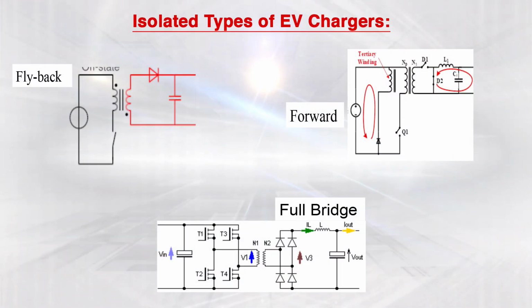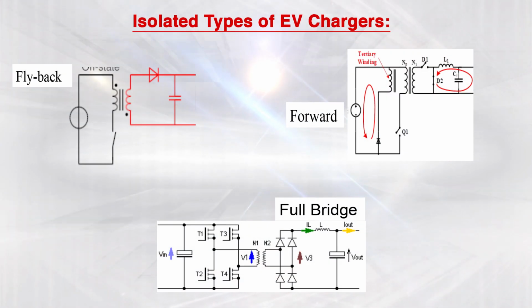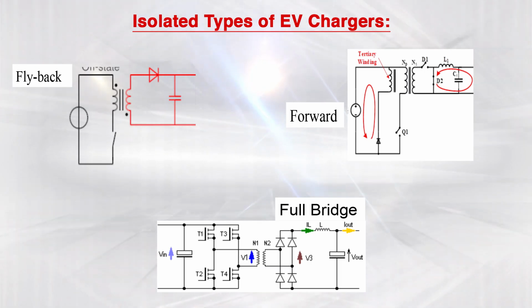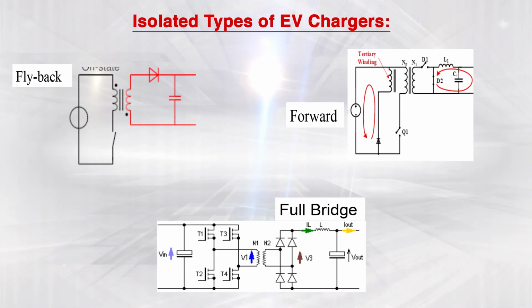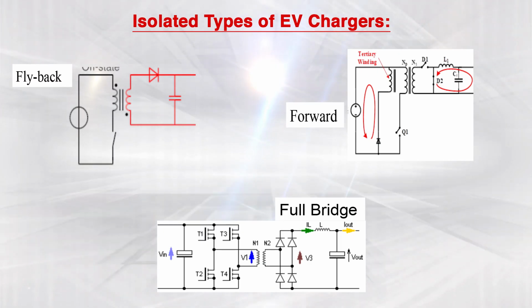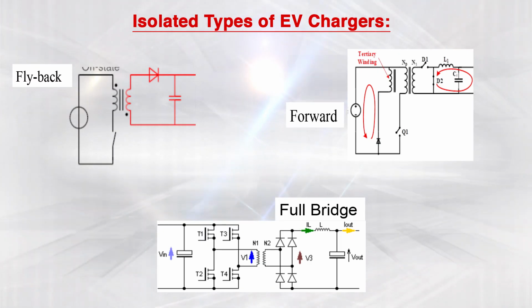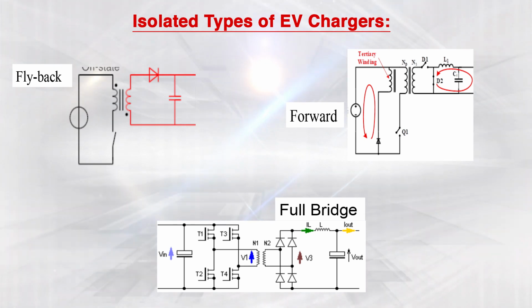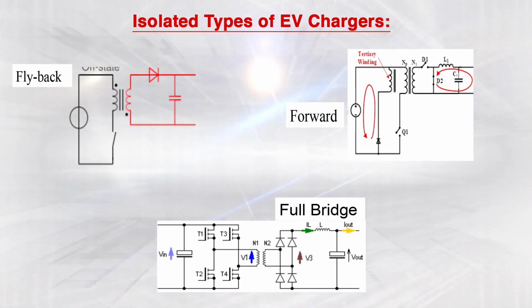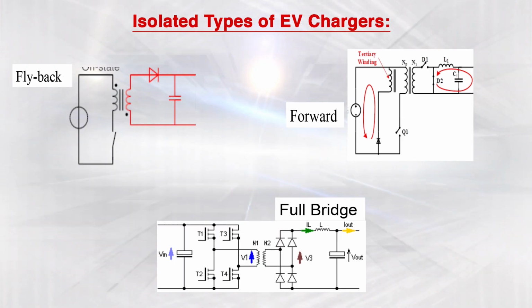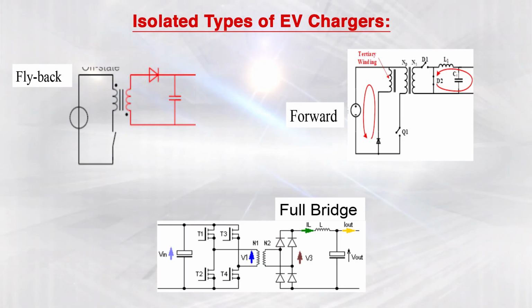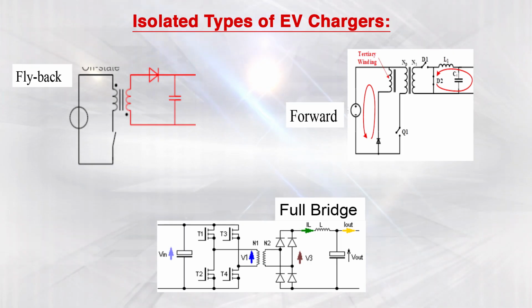Now, the operation of the buck converter: suppose we have provided an on signal to this switch. As soon as the switch is on, the inductor stores the energy, and the moment you switch off the switch, the stored energy of the inductor freewheels through this diode. The capacitor gets charged, and the capacitor will supply this energy to the load or to the battery.